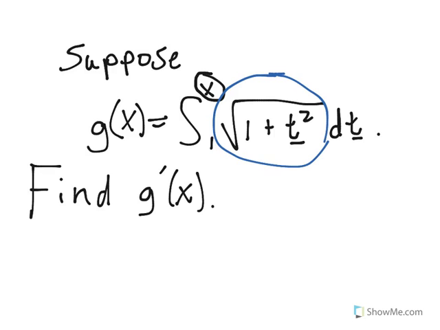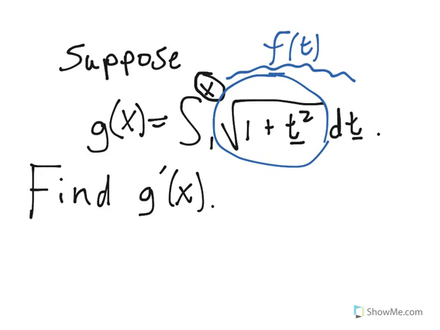So g of x is not that function. That function is this function over here, which is f of t. So we're not saying that g of x is f of t, or even that g of t is f of t. It's not. g of x is defined as the area under the curve from 1 up to x of that.